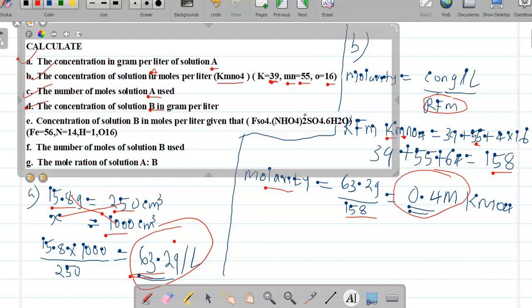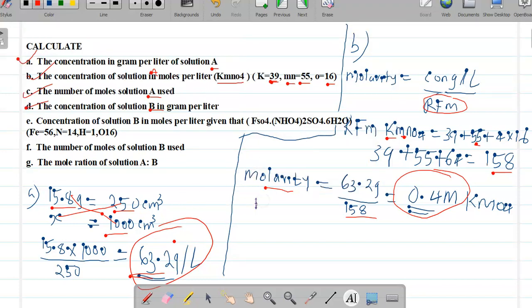Yes, because these two that you see here are contributed by the sulfate, and this compound can be read as iron 2 sulfate, ammonium sulfate, 6 molecules of water.